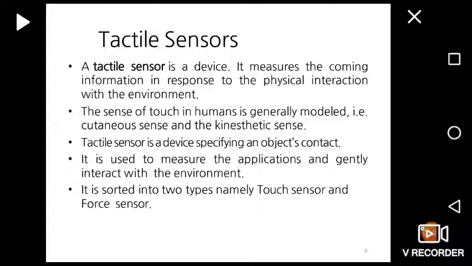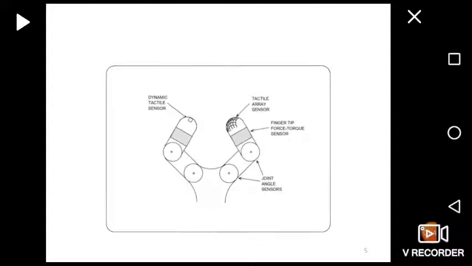A tactile sensor is a device specifying object contact. It is used to measure applications that gently interact with the environment. It is sorted into two types, namely touch sensor and force sensor. The figure shows the tactile sensor.